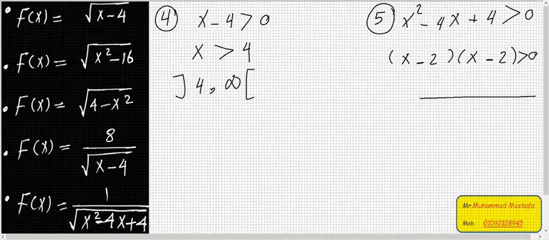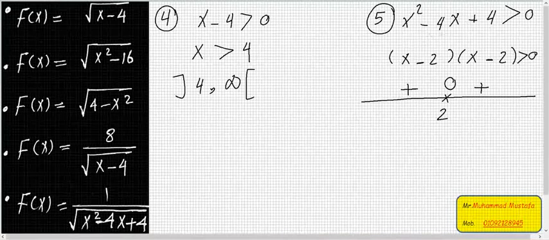We can find the sign of the function. At x equals 2, the function equals 0, and elsewhere it has the sign of the coefficient of x power 2, which is positive. We put here positive and positive. We need the values that make x power 2 minus 4x plus 4 only positive.